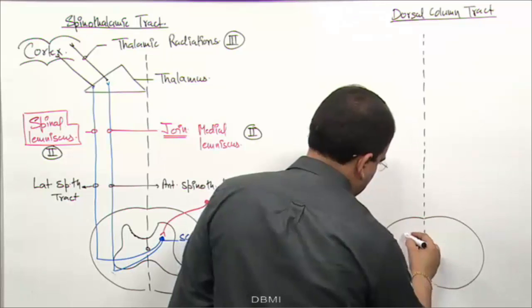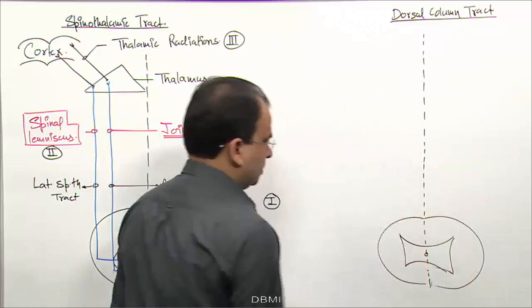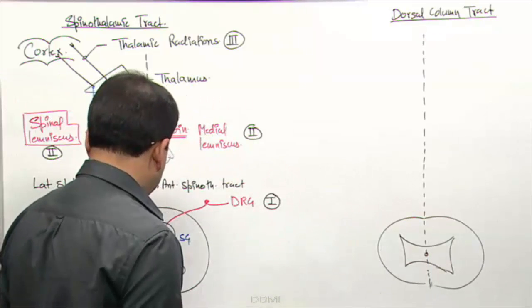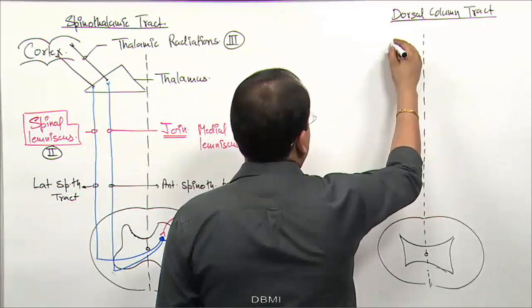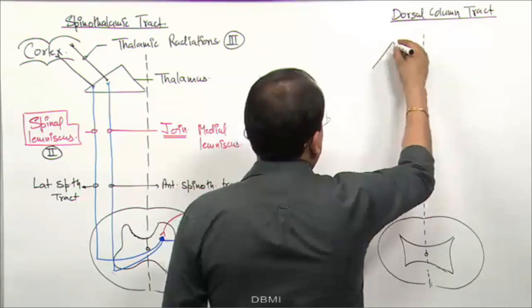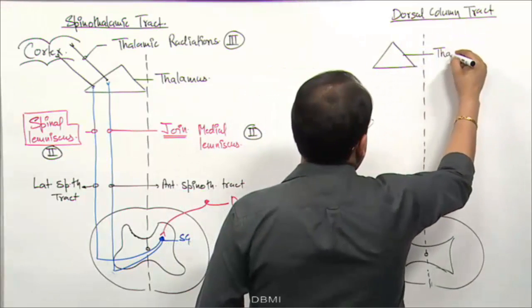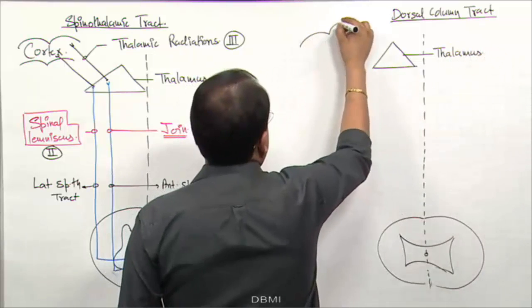The spinal cord, let me place the thalamus here, and the cortex.